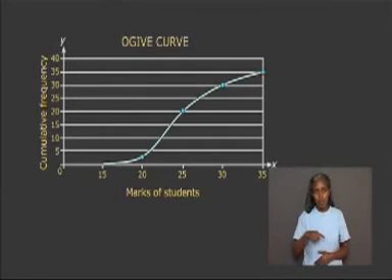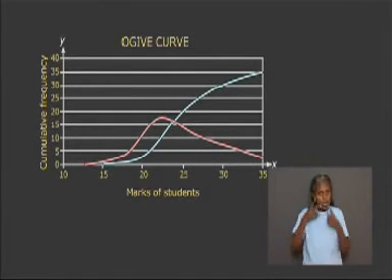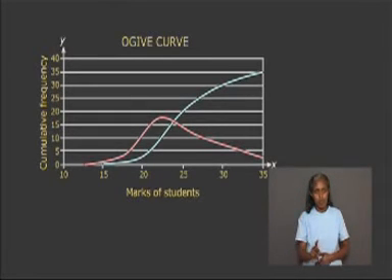We continue plotting our cumulative frequency until the curve looks like this. Students, please look at what happens when we plot the regular frequency curve for our students' marks over top of the ogive curve.